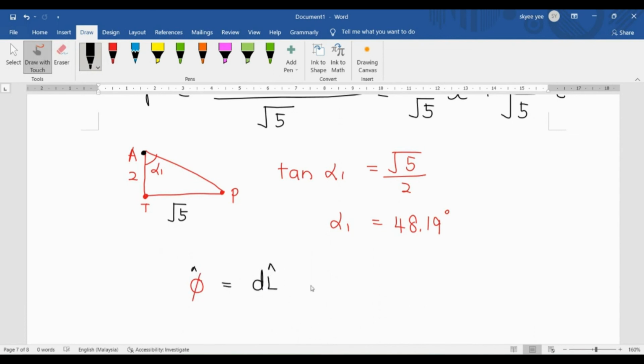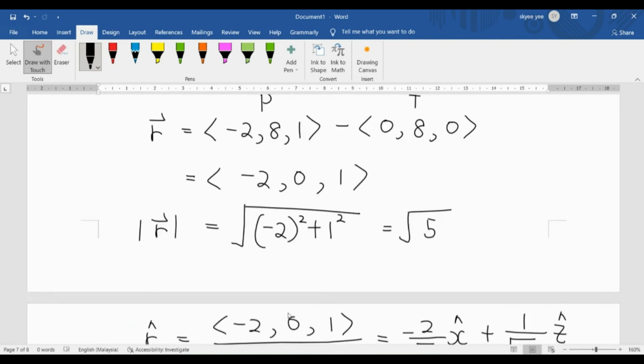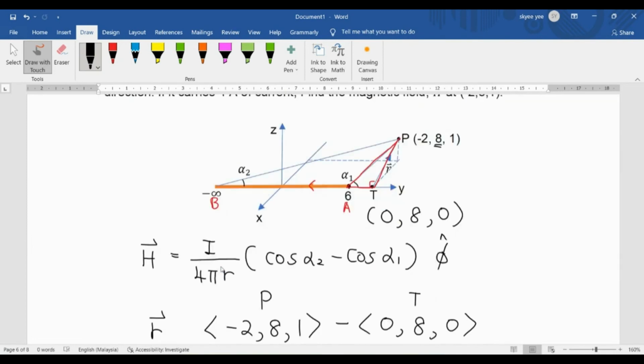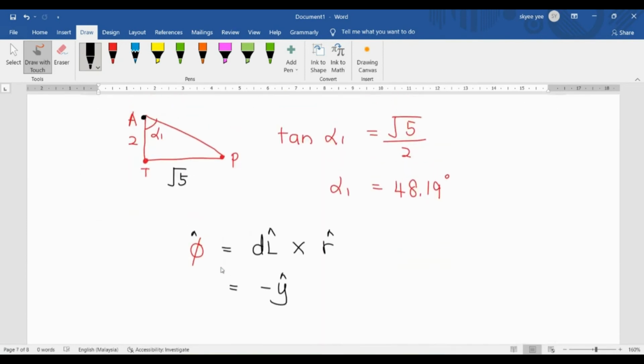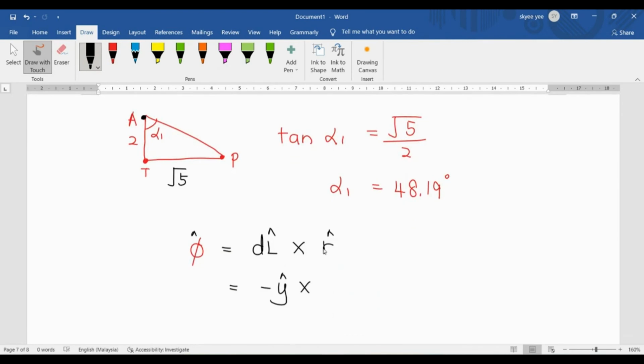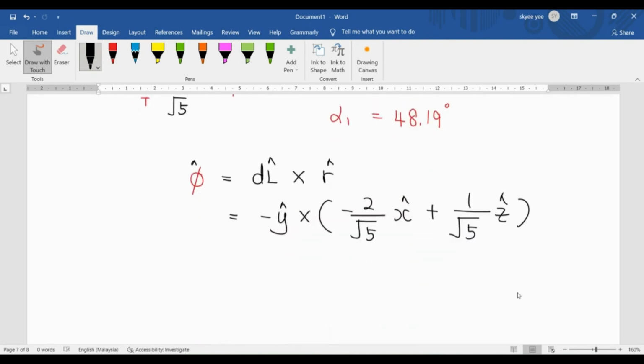The direction of the current flow cross product with the r. Current flows in the negative y direction, and cross product with the r, which is negative 2 over square root 5 x plus 1 over square root 5 z. Again we have to use this diagram.